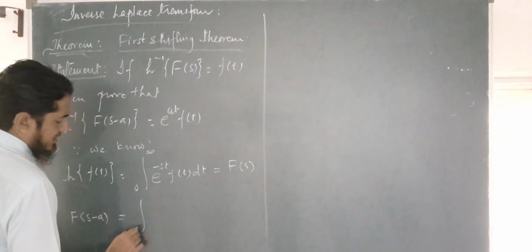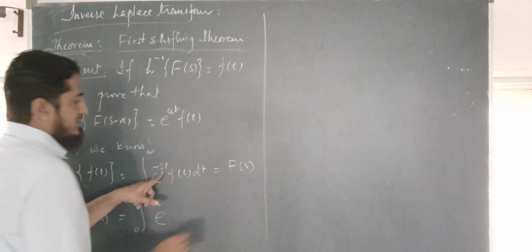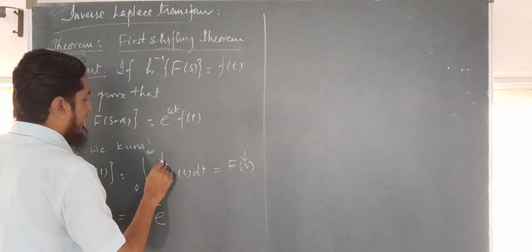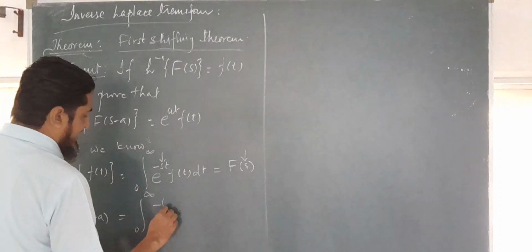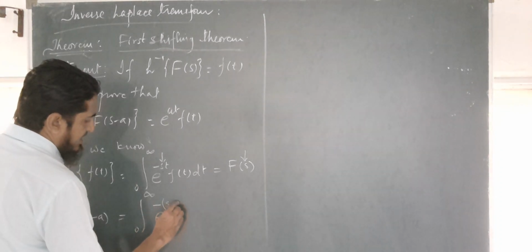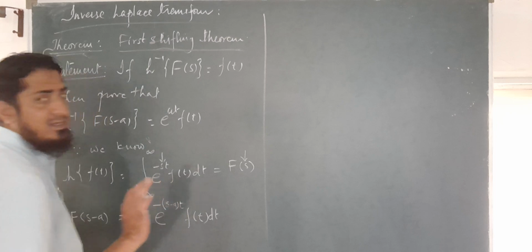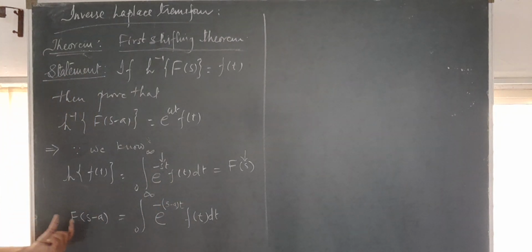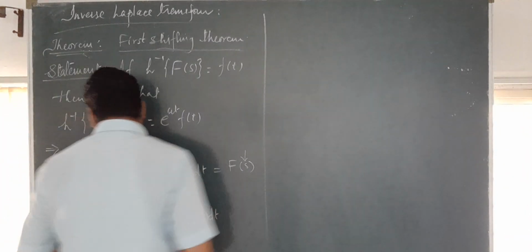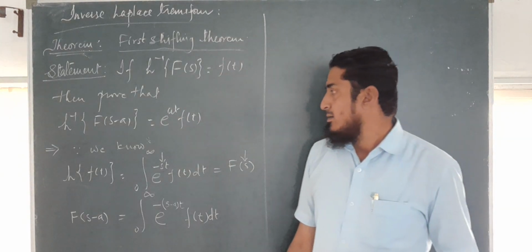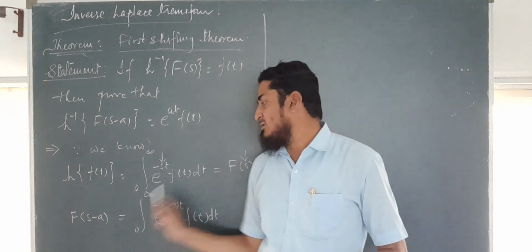So the integral becomes the integration from 0 to infinity of e raised to minus, since the parameter is s here, we write s minus a, t, with f of t as it is, and dt as it is. Correct? We have just replaced the parameter s by s minus a in the definition of the Laplace transform.